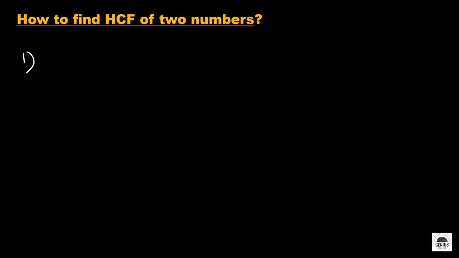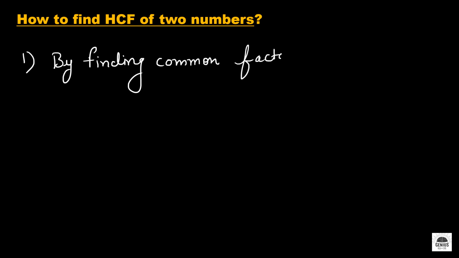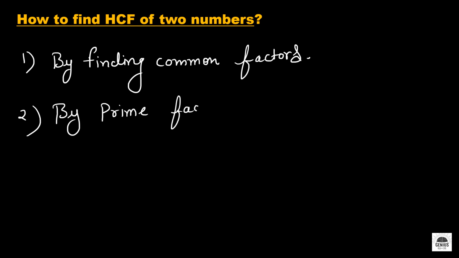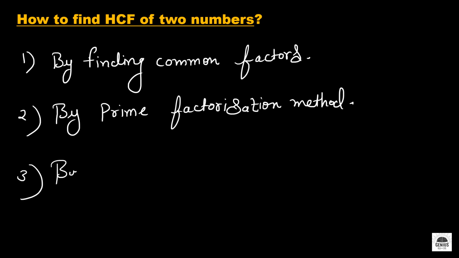The first method is by finding common factors. The second method is by prime factorization method. And the third method is by long division method.